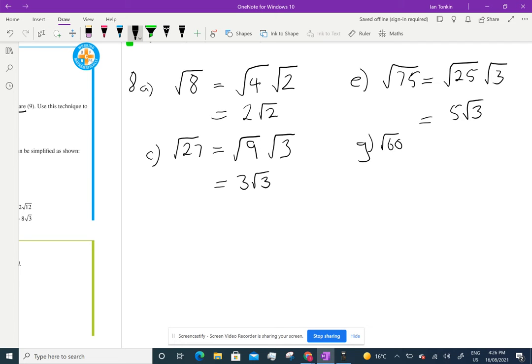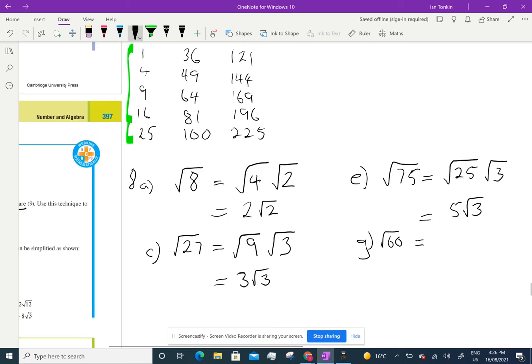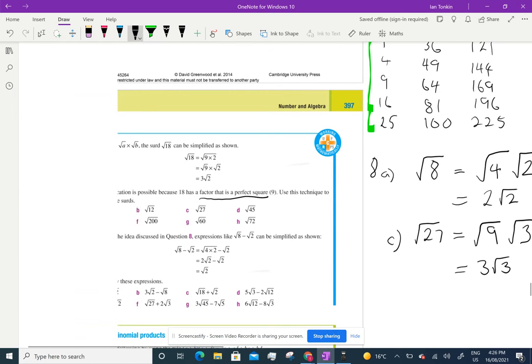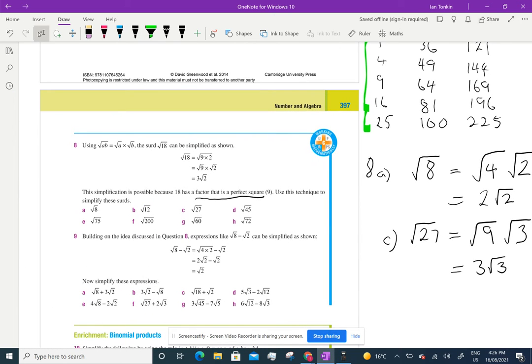Root 60. So if I look up here, and you can break it down in parts. I know 4 goes into it. So root 4 and 15. So I get 2 root 15. Okay. Now we did lots of those previously, or we did them in class a while ago. You should be okay with those.